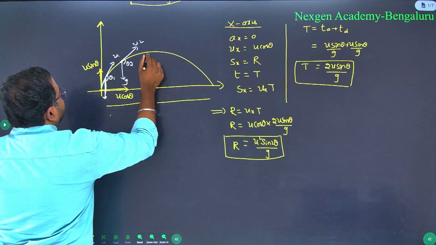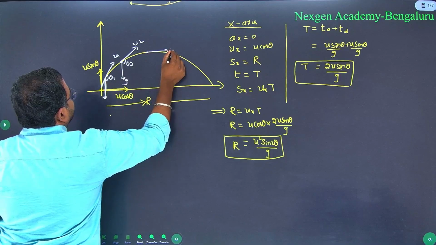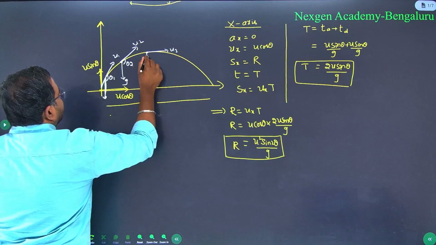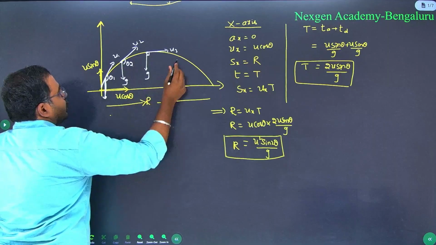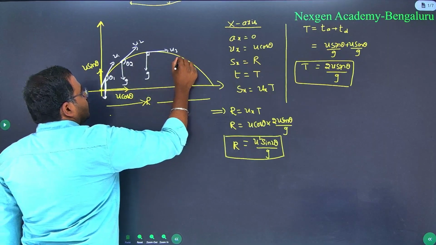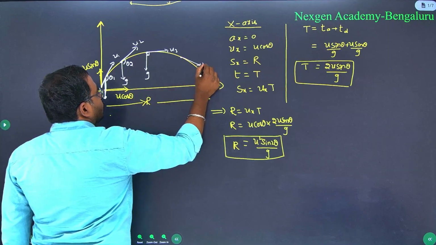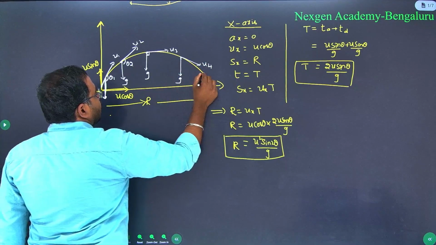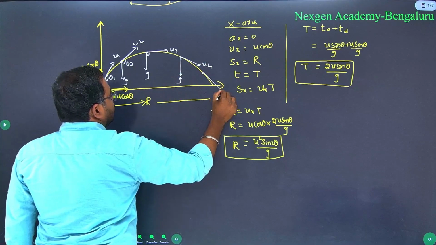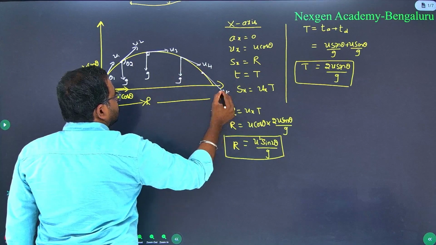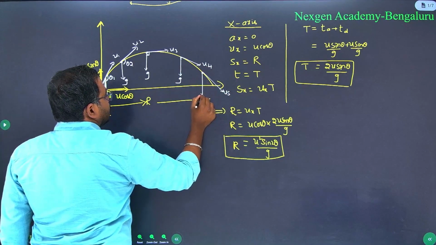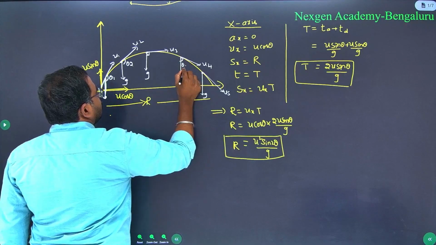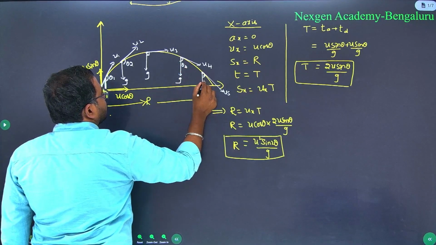And at this particular point velocity is u3, and here it is acceleration, and this angle is 90 degrees here. And further this can be velocity u4 and acceleration due to gravity g, and at some other point velocity u5 and acceleration due to gravity. Angles are here theta 4, theta 5 here.